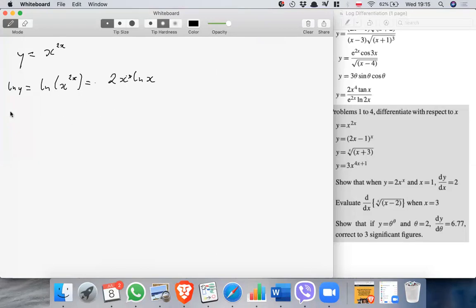So product rule. To get the derivative d/dx of ln y, the product rule tells me that I have to take the derivative of the first one, 2x, multiplied by the second one, and then add to it the derivative of the second one multiplied by the first one.